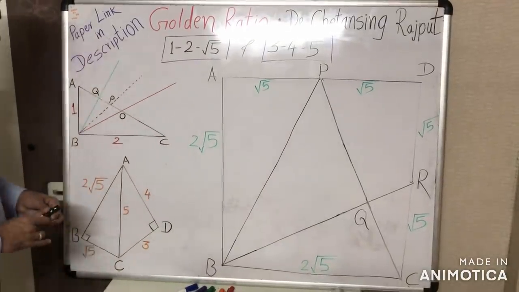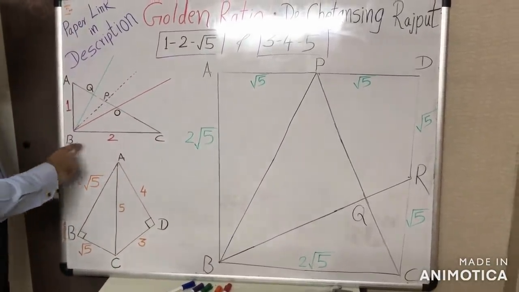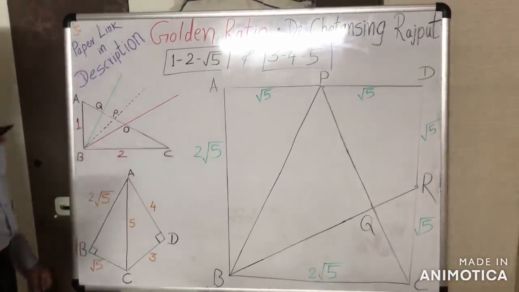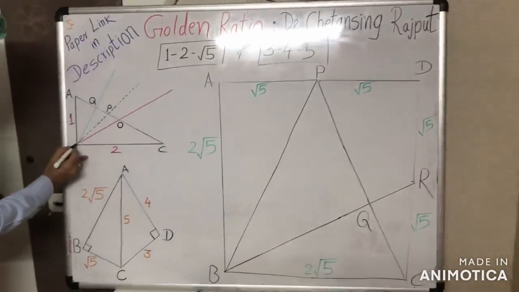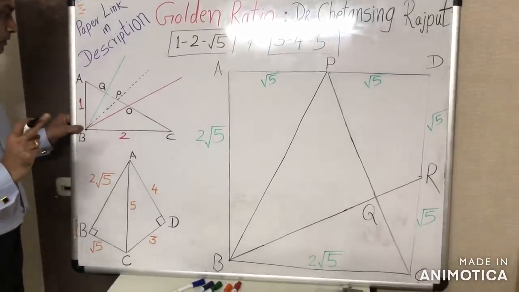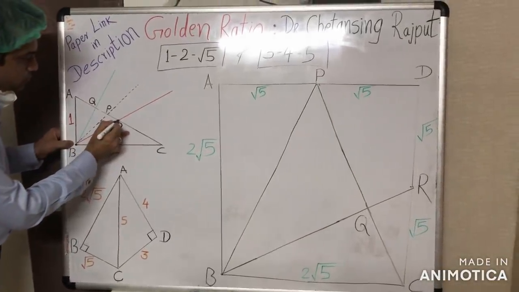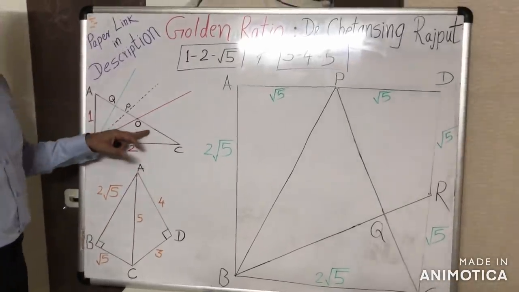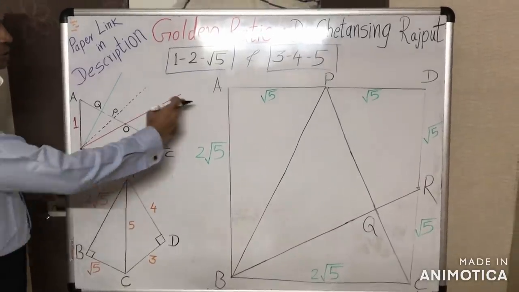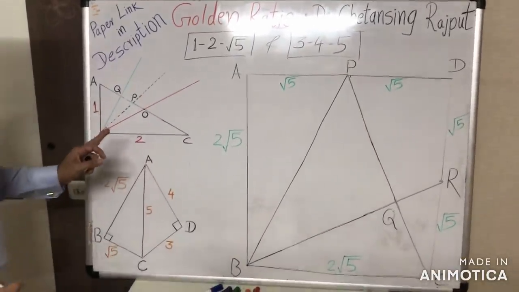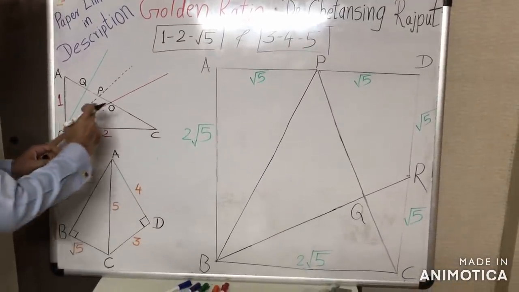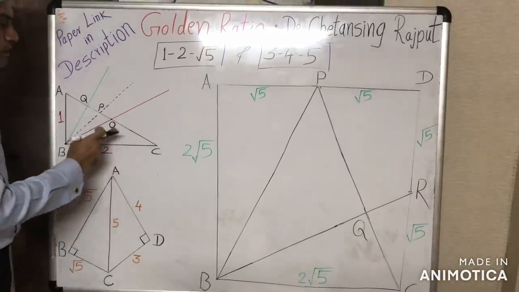Consider the reference triangle ABC, which is the 1, 2, root 5 right triangle. Since it's a right triangle, this point B is also the orthocenter of this triangle, and the midpoint of the hypotenuse, point O, is the circumcenter of this triangle. Hence line BO is the Euler line of this triangle, and importantly, this BO is also the median on the hypotenuse.